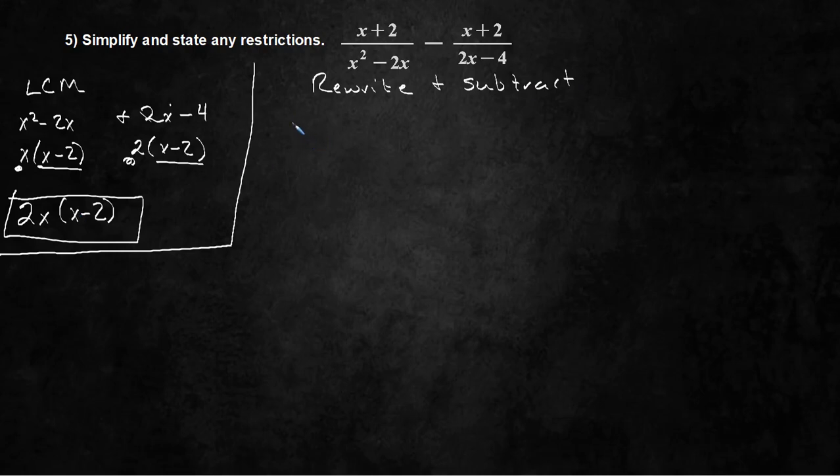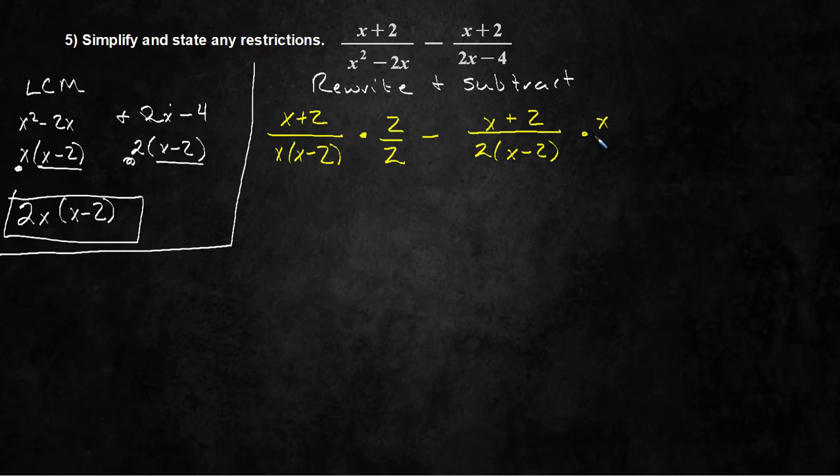And so we have on that first one, x plus 2 divided by x times x minus 2. So what I'm missing is that 2 over 2. Minus, on the second one, when I rewrite it, I have 2 times x minus 2.